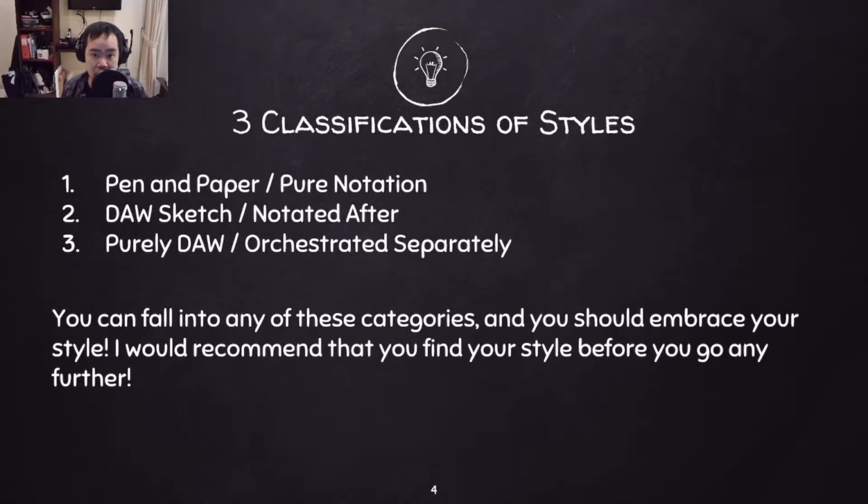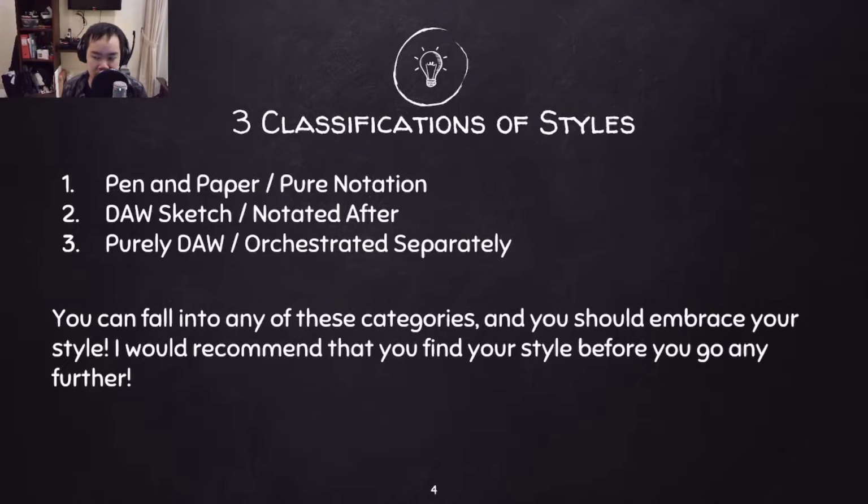So, what are the 3 styles that I personally think exist in composition? Again, this is all coming from personal experience. Although I have about 2 years of formal training, it didn't really amount to too much because I was really bad at theory anyways. And a lot of my theory knowledge comes from studying after my formal training, like self-study and self-learning.